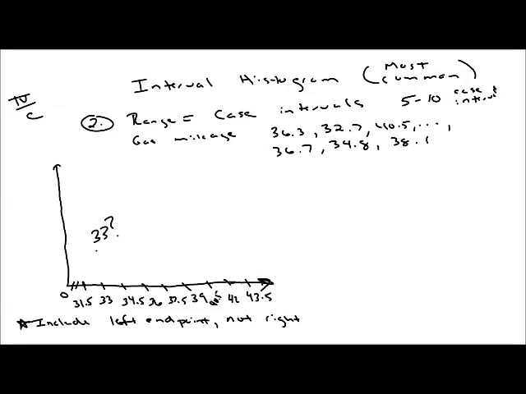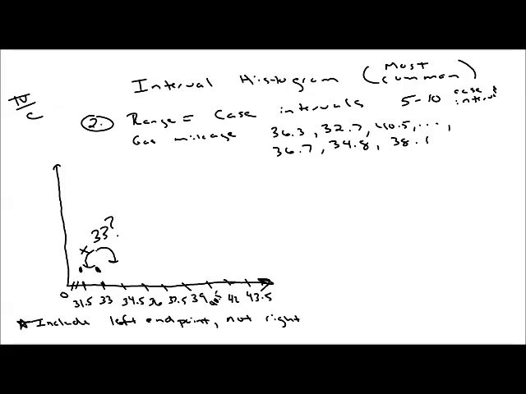Include left endpoint but not right. So 31.5 is here, 33 is here. In this interval, I include 31.5, but I do not include 33. So it would not go into that case interval there.